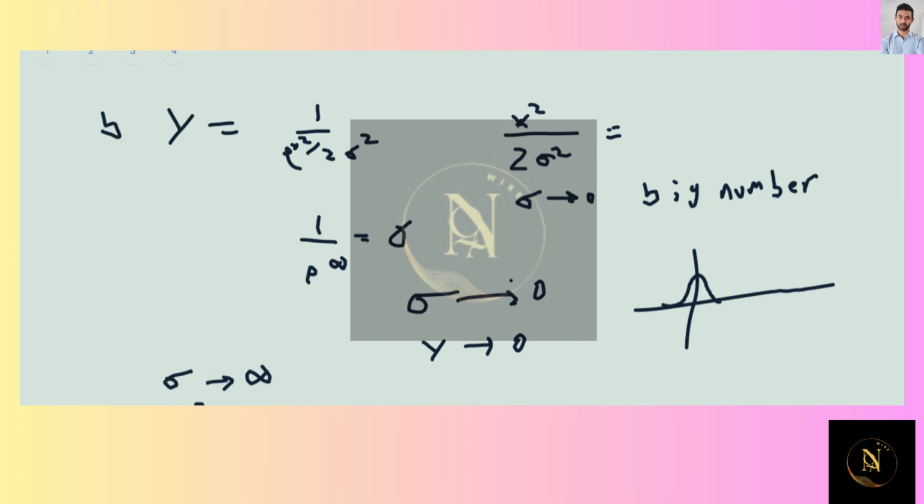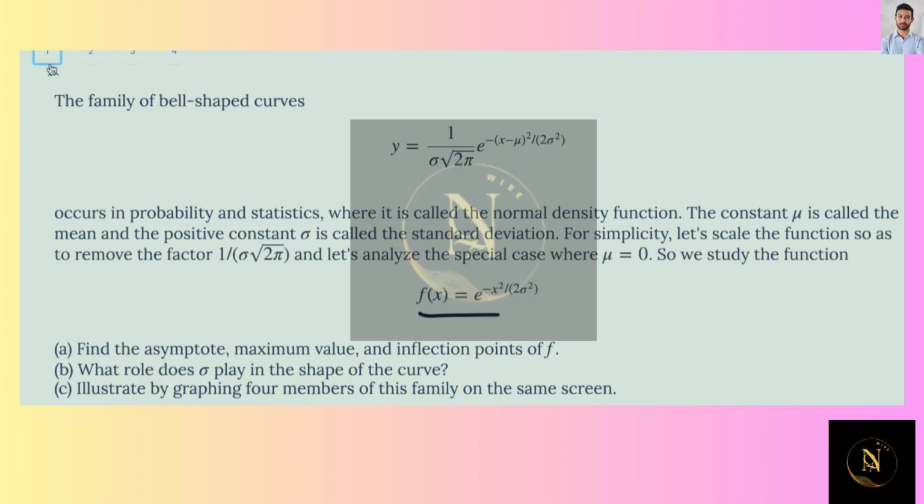Sigma squared goes to a really, really big number, so x squared over sigma squared approaches 0. The opposite happens: as sigma gets larger, y approaches 1. This will become clearer when I show the graph.